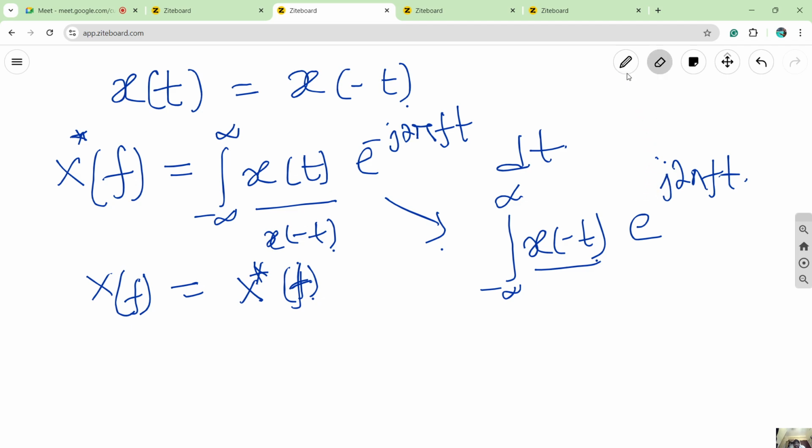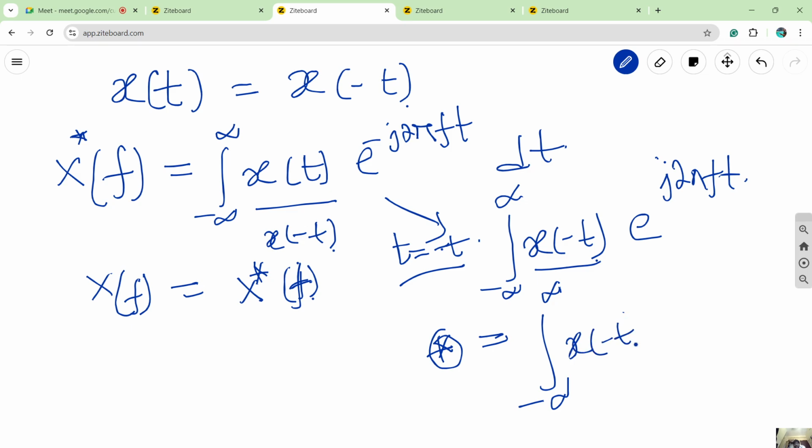So if we substitute t equal to minus t, we get this equation. And then if we apply the conjugation here, again it will become the integral from minus infinity to infinity of x of minus t e to the power minus j 2 pi ft. So that's why x of f becomes equal to x of minus f.